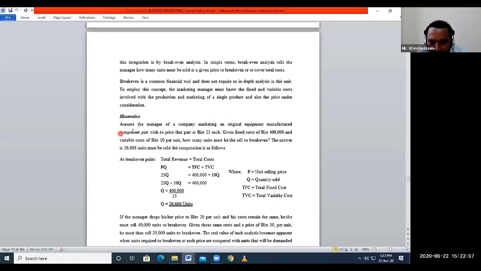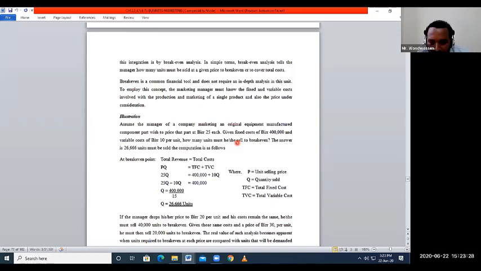This is a hypothetical example. Assume the manager of a company is marketing an original equipment manufacturer component. The company wishes to price it at 25 per unit. This 25 per unit is the collection of the cost and the margin.